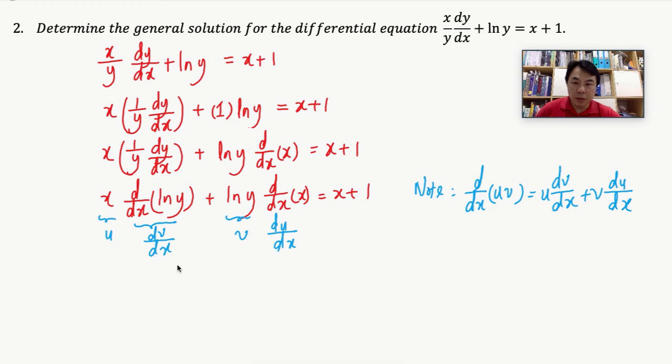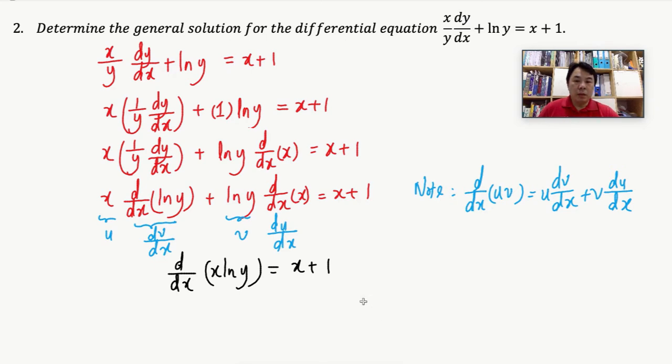So this whole thing can be expressed as d/dx, because we have identified the u as x, and the v as ln y. Therefore, we can simplify this as x ln y, and that would be the same as x plus 1.